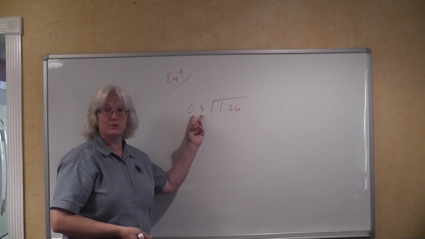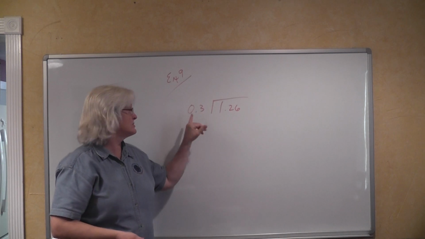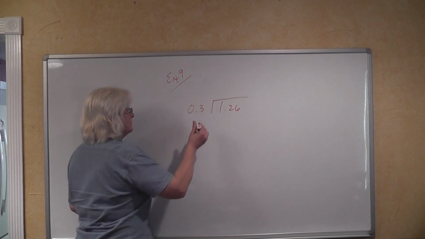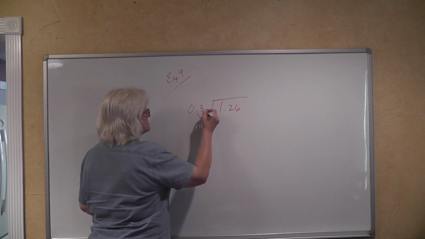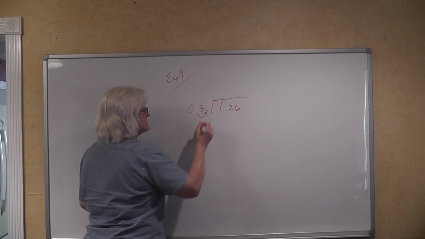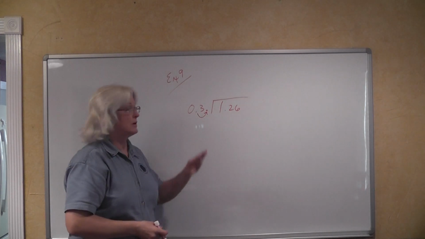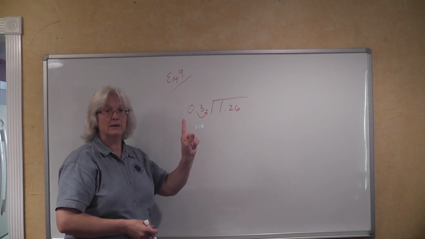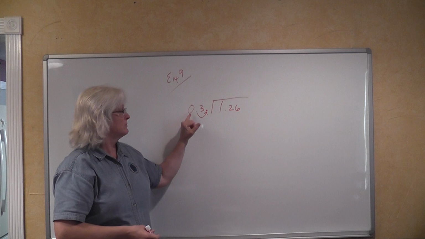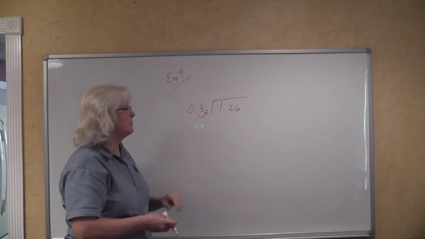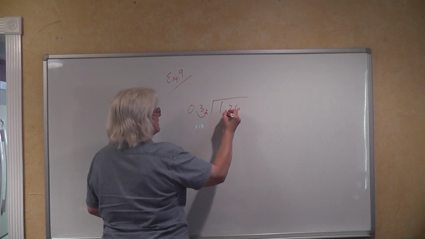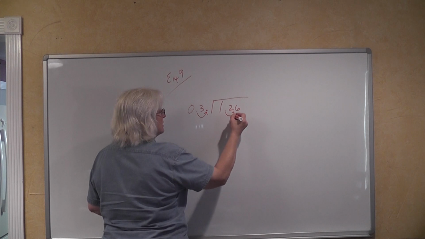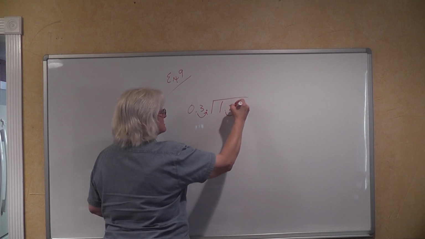You look at the divisor, which is the number outside of the house. You move that decimal place as many spaces to the right as is necessary to make it a whole number. 0.3, we move that decimal point 1 space, and we have 3. We've moved the outer decimal point 1 space. We have to move the inner decimal point 1 space also.